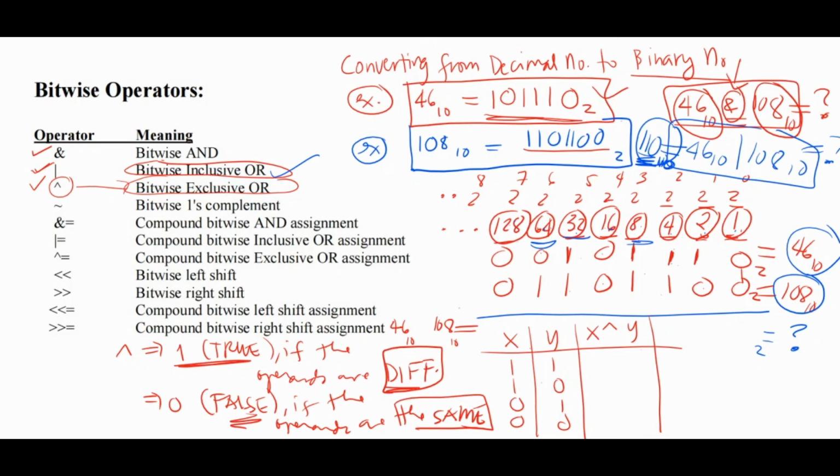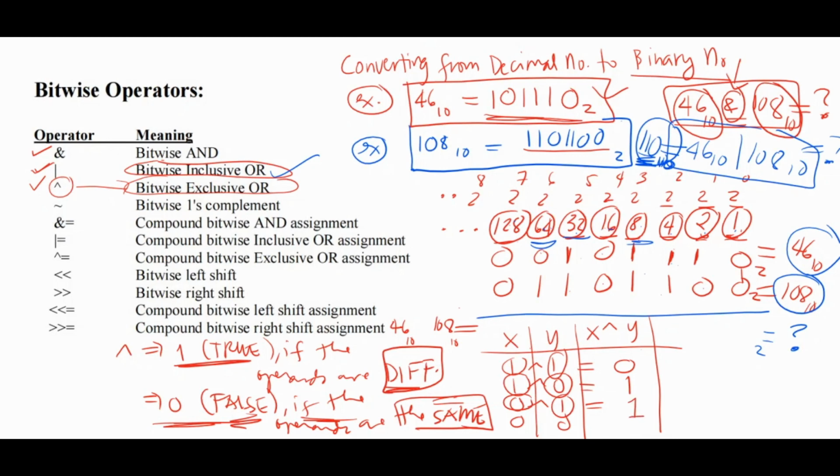So it is actually an operator that would check if operands are different. If they are different, then it would become true. So in the truth table, 1 exclusive OR 1 would return 0 because these operands are the same. So it would return 0 if they're the same. 1 and 0, the two are different, so it would return 1. 0 exclusive OR 1 is different, so it would give you the result 1.